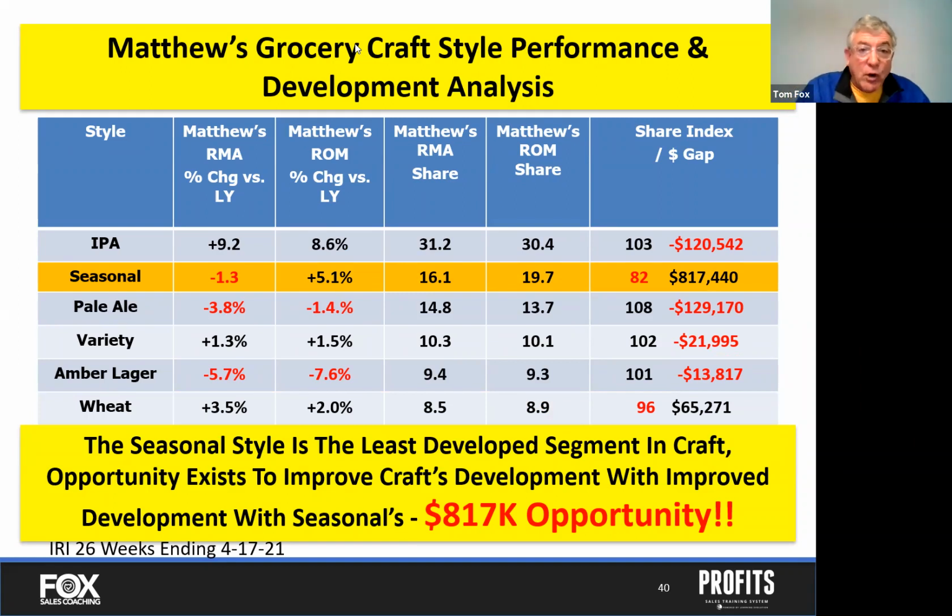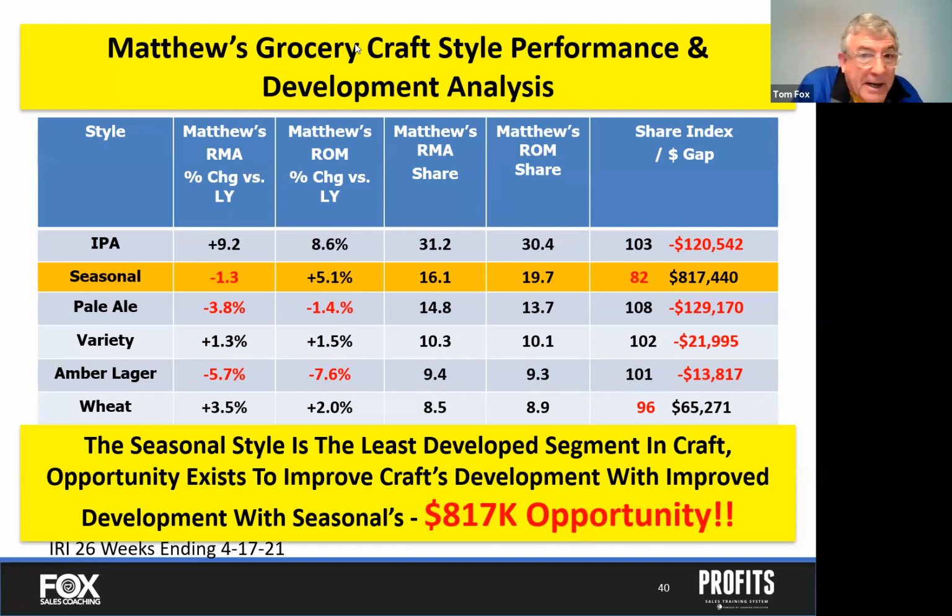When we look at your craft business broken down by style, we quickly realize that it's the seasonal style that offers the biggest opportunity. As a matter of fact, it's an $817,000 opportunity because you're both underperforming within seasonal and significantly underdeveloped. It's the only segment that offers any significant opportunity for you to close. So if you want to improve craft, we've got to figure out a way to build your seasonal business. So we would collaborate on that.